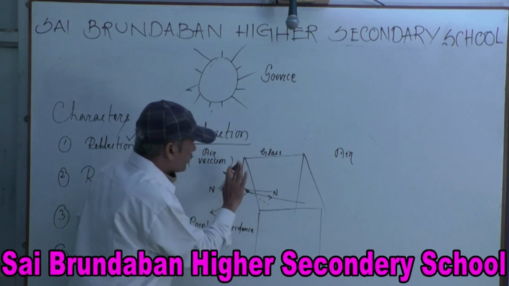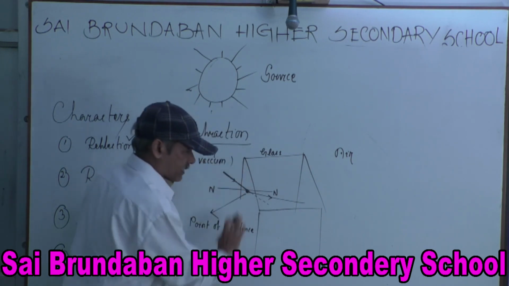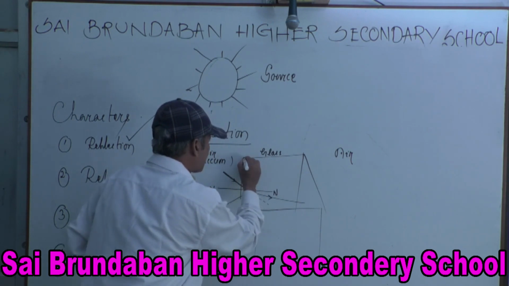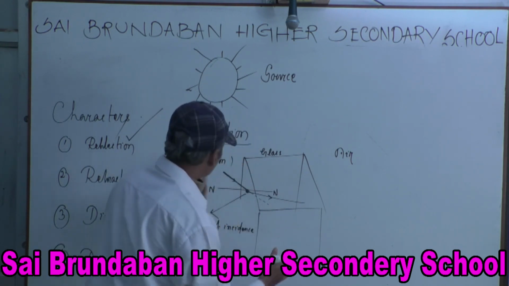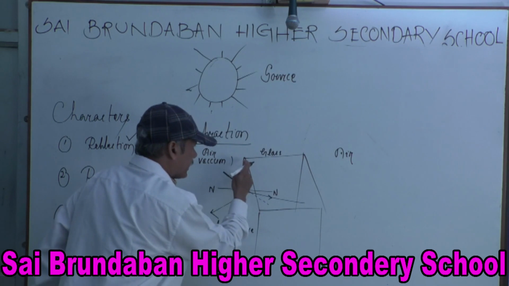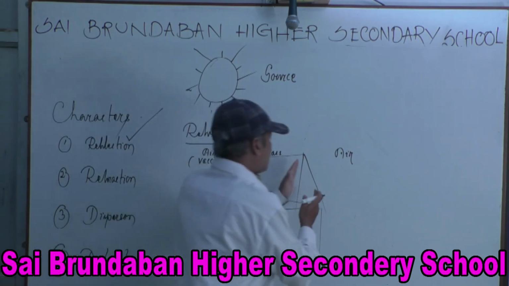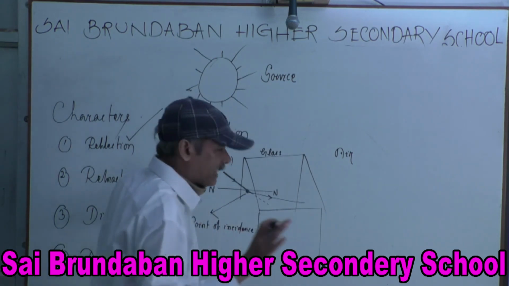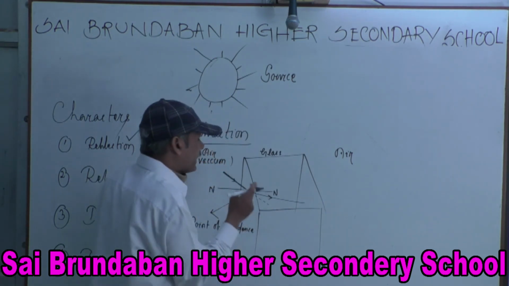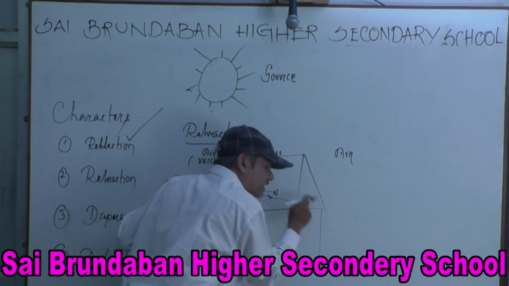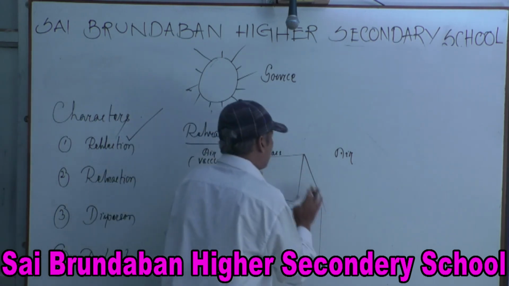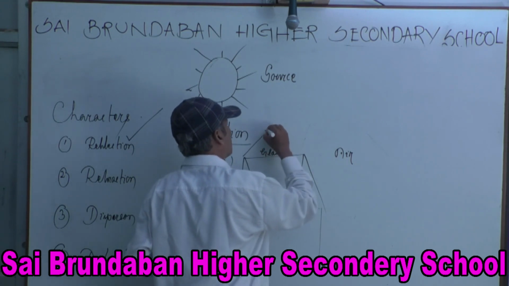So you see, this is called an interface. Between two mediums, the phase which connects both the mediums is called the interface. Here is another interface. Then what will happen? The deviation will take place at both the interfaces. This is the first interface, this is the second interface.